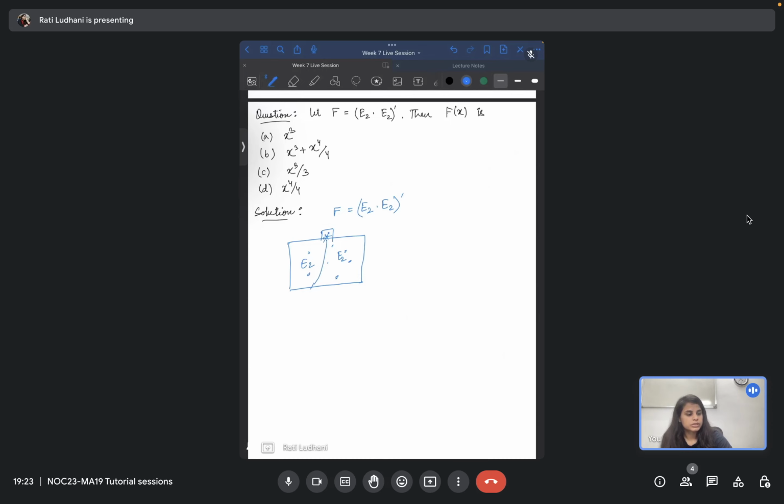Then what is fx? So for fx, what do you need to know? So fx is e2 of e2 dash x. So from the formula, what do you know? There's a formula related to it, it's like a differentiation. What is that?